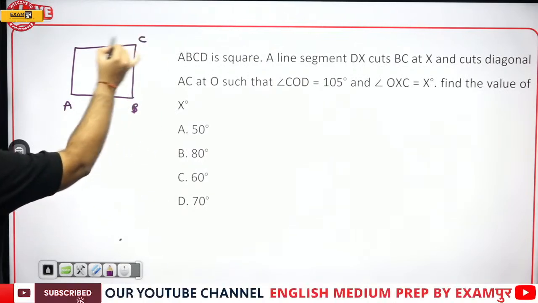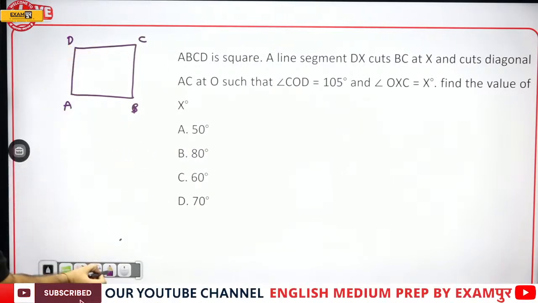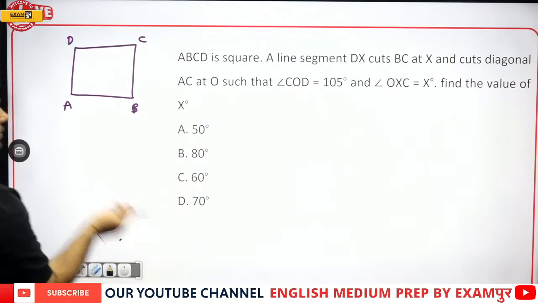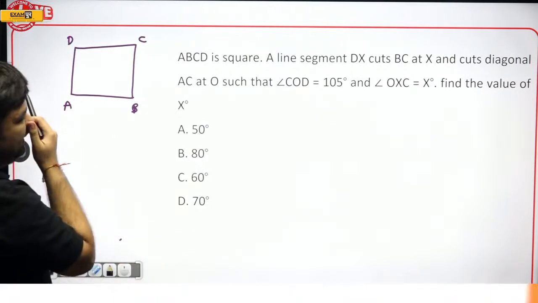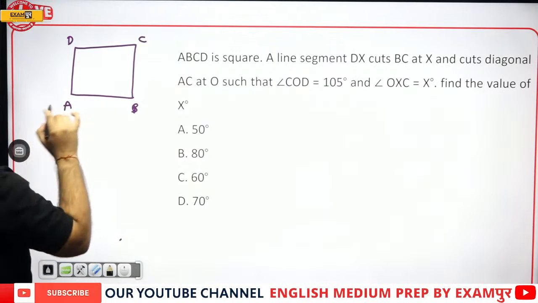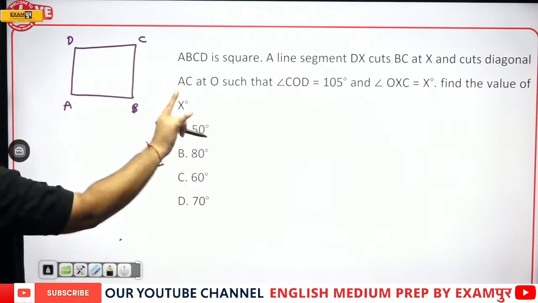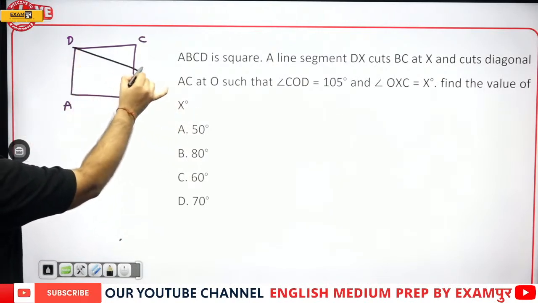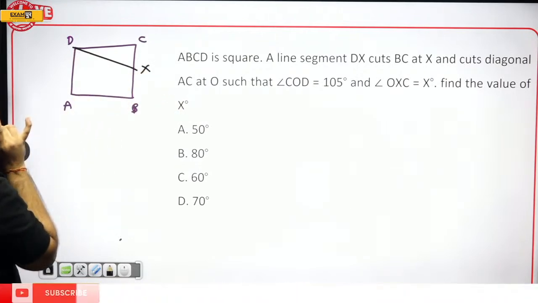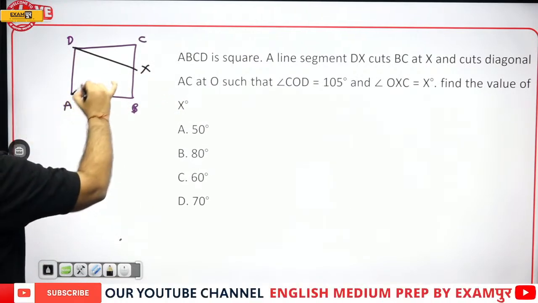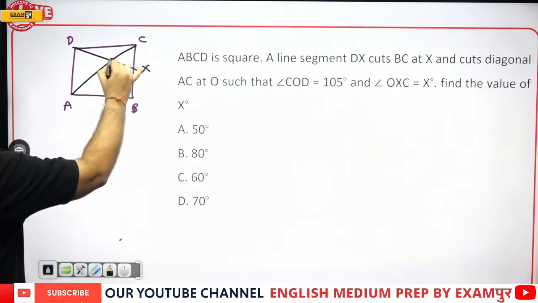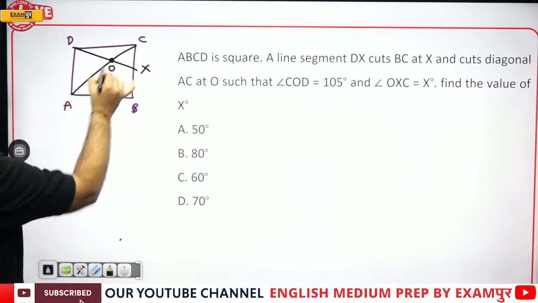A line segment DX cuts BC at X, like this, and cuts the diagonal AC at O.